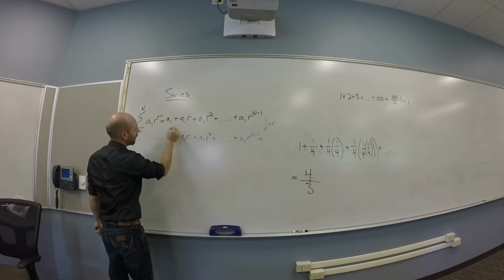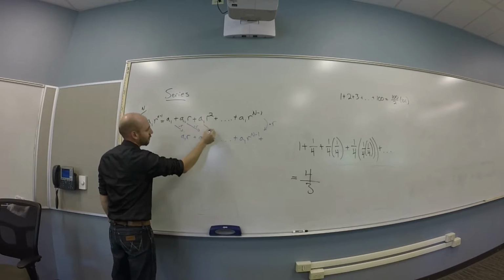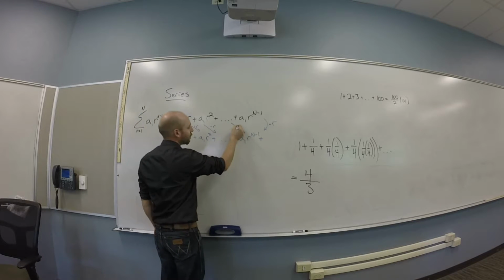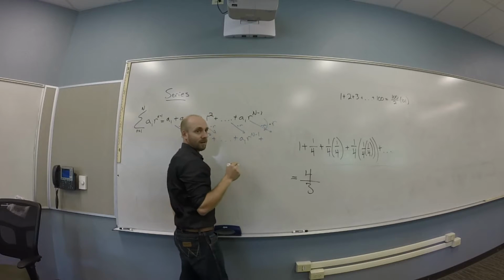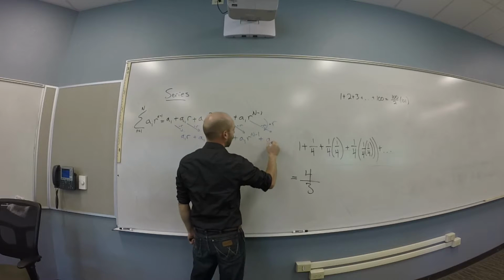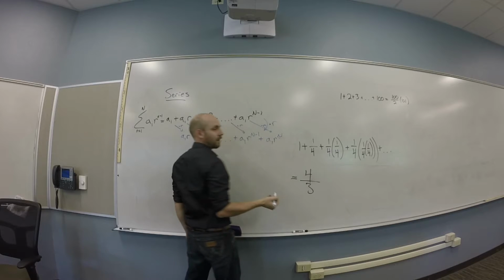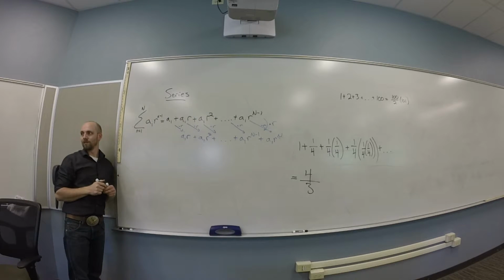You guys see that? That's multiplication by r, that's multiplication by r, and then this is also multiplication by r. You guys with me? So I'm going to get a1r to the n here. You guys cool?